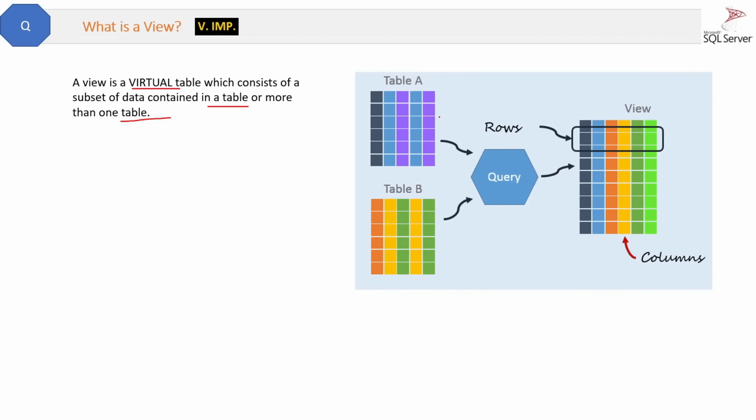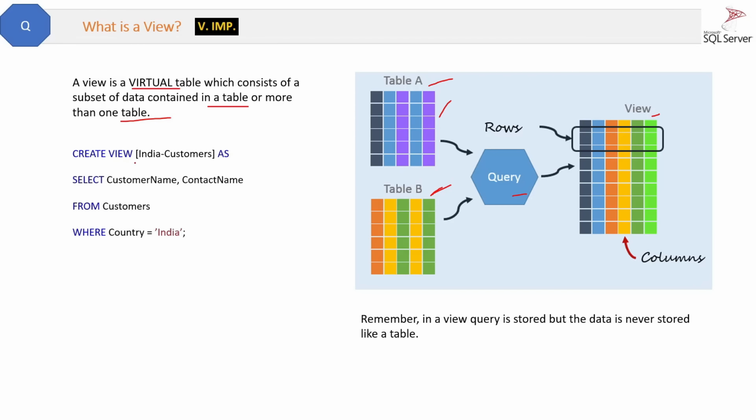We have two physical tables, table A and table B, and by writing a query, by combining them, we are creating a view here, in which the columns can be a combination of the columns of table A and table B. So that is a view.